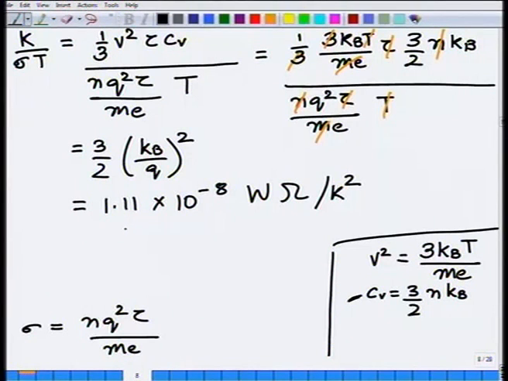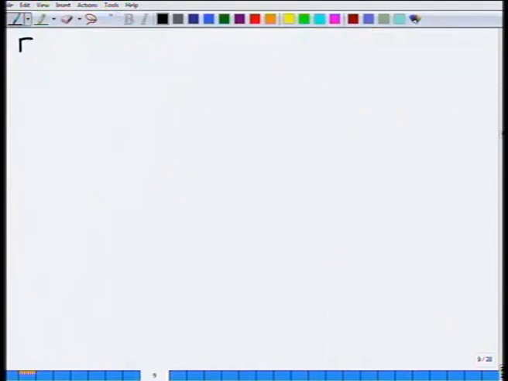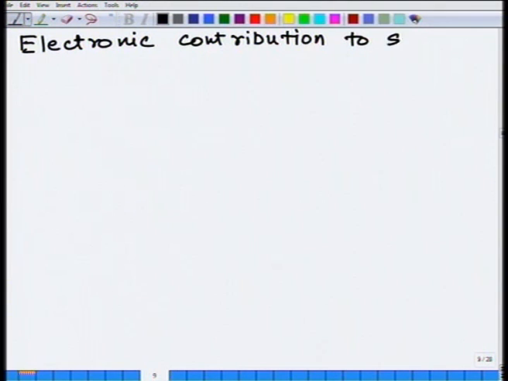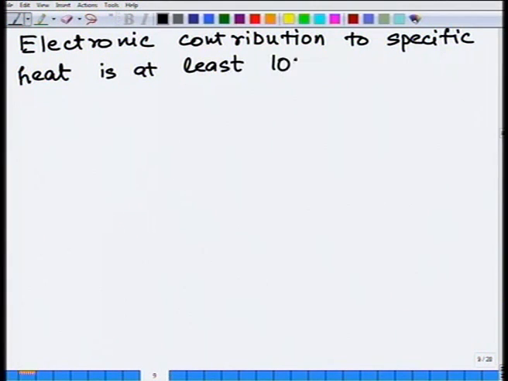The thing is this: the electronic contribution to specific heat is at least 100 times more than observed.